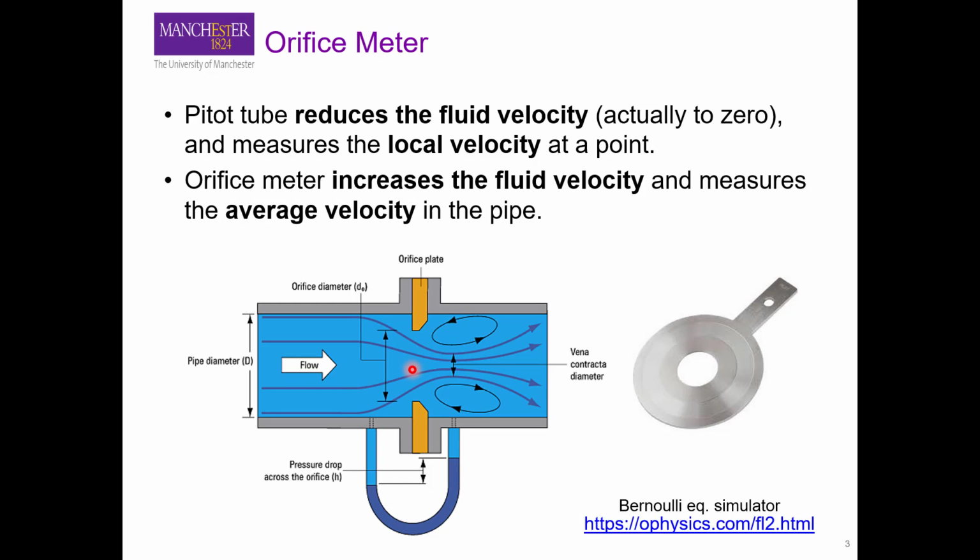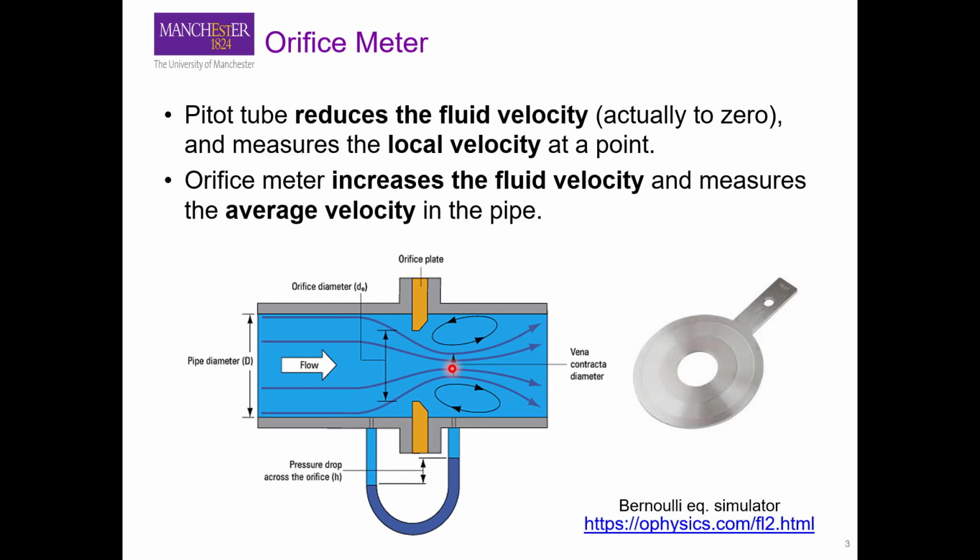Again, these streamlines cannot suddenly change direction as they pass through the orifice meter, and so they continue to converge for some distance, that is here, and then after this distance they go back to their original streamlines.